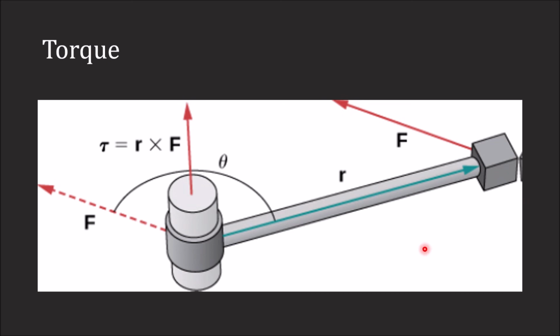So anyone who has used a wrench to tighten a bolt or loosen a bolt knows that it's really difficult if you hold a wrench down here when you try to move it, but if you hold it all the way at the end, it's a lot easier to loosen or tighten.